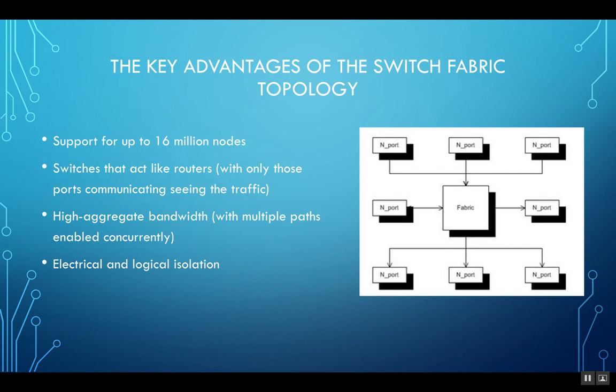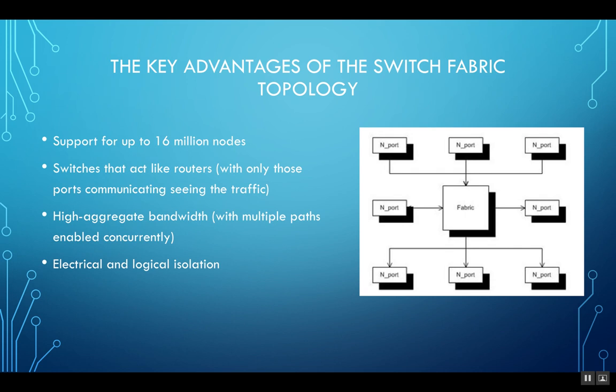Switches can act as routers, that is intelligent switches, which will allow only ports communicating to see the traffic. That's because of zoning. You can create connections between the ports. It also offers high aggregated bandwidth with multiple paths enabled concurrently, and electrical and logical isolation because of the cabling and your zoning definitions.